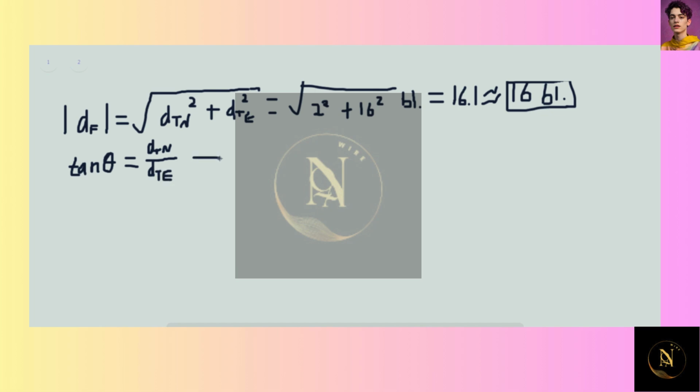Okay, so if we solve for theta, theta is equal to inverse tangent, which is tangent to the minus 1, of the total in the north divided by the total in the east. So we'll just go ahead and explicitly write that as 2 over 16. And this comes out to be 7 degrees, if we do this in degrees, and that is north of east.